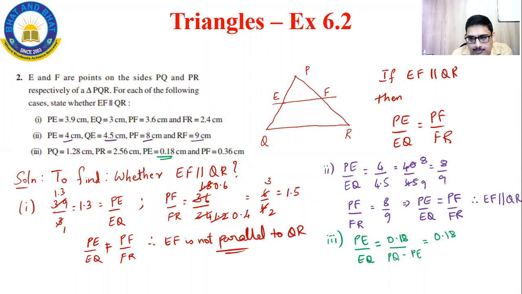So what will I get? PQ is given to me as 1.28. So 1.28 minus PE, which is given as 0.18. So that is nothing but 0.18 divided by, how much is 1.28 minus 0.18? It is nothing but 1.1.